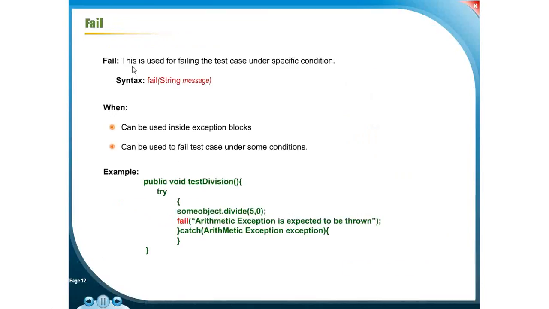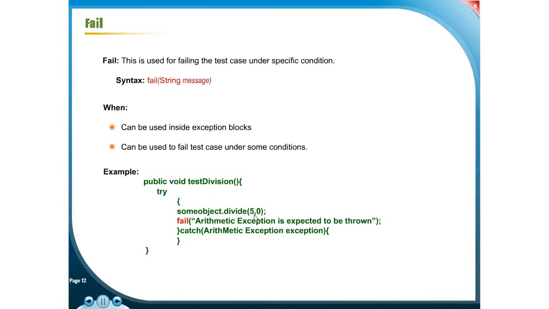So likewise we have fail. This is used for failing the test case under a specific condition. It can be used inside exception blocks to fail the test case under some conditions. You can see here, try catch block, test division, some object dot divide 5, 0.